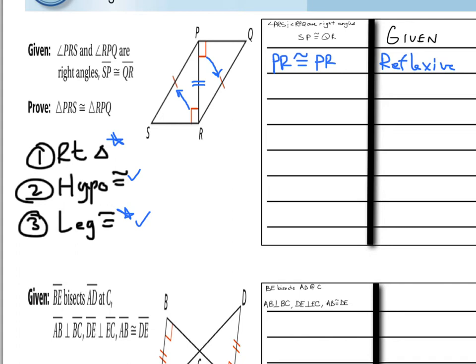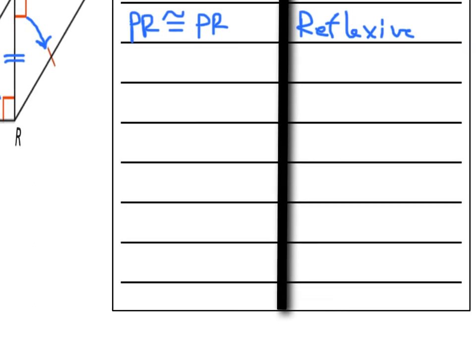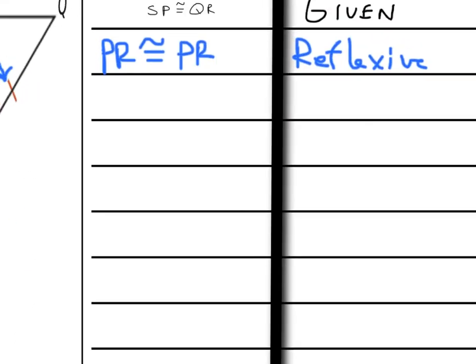Okay? So, as I go through and do this, I'm going to say that triangle PRS and triangle RPQ are right triangles. Now, how do I know that they're right triangles? Well, I know that they have a right angle in there because in the given it said PRS and RPQ are right angles.